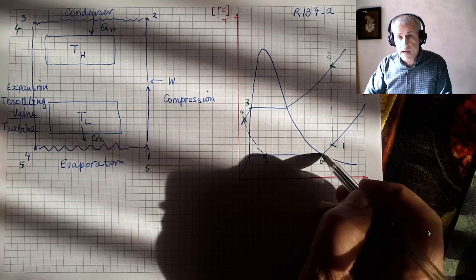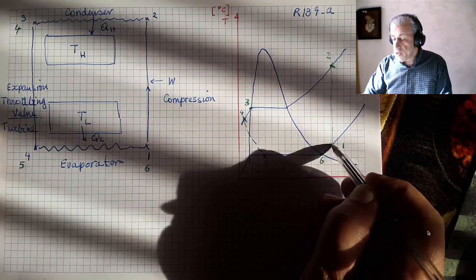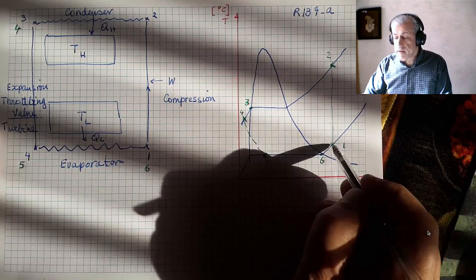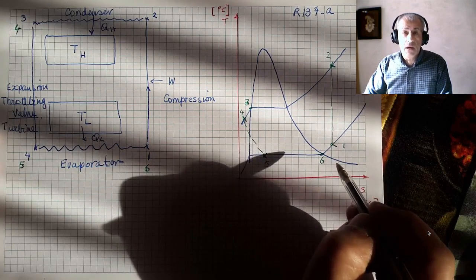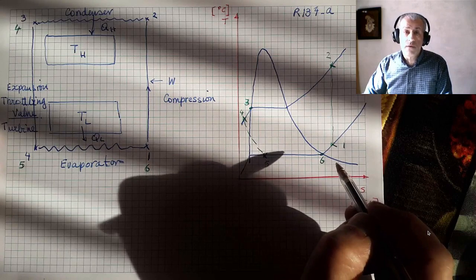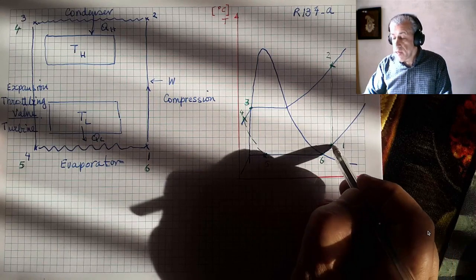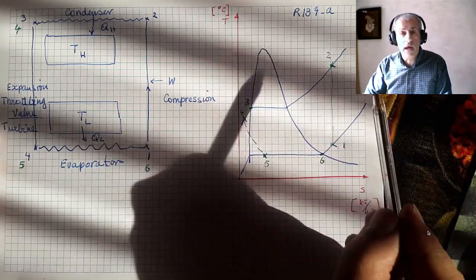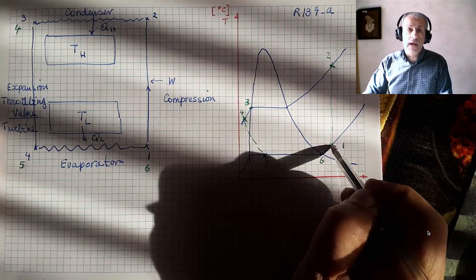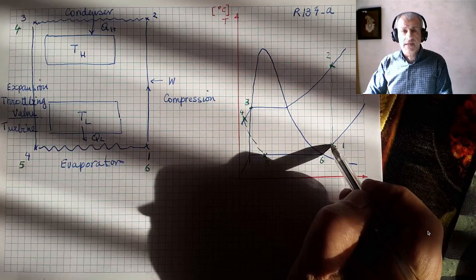The evaporator exits to a warmer temperature like point 1, so that whatever enters the compressor is a superheated vapor, and we are sure that there are no R134A droplets here, and there will be no damage to the compressor.